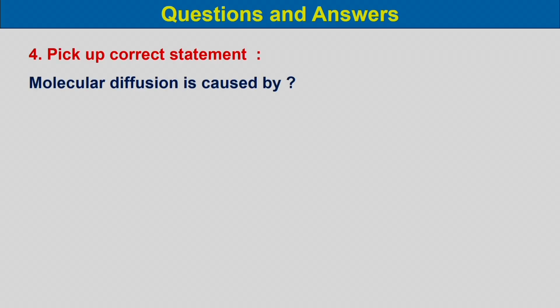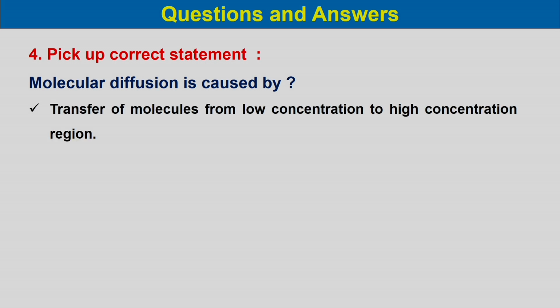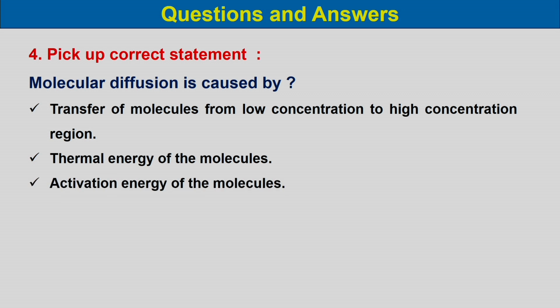Pick up the correct statement. Molecular diffusion is caused by transfer of molecules from low concentration to high concentration region; the second option is thermal energy of the molecules; the third option is activation energy of the molecules; and the fourth option is potential energy of the molecules.